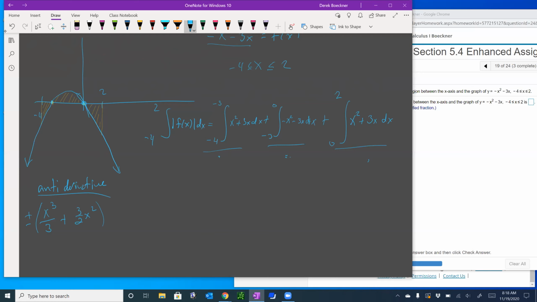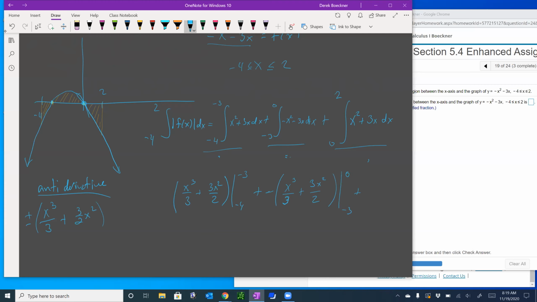Okay, so what we've got is the +1, so x cubed over 3 plus 3x squared over 2, evaluated at -4 and -3. And we're going to add to that the negative of x cubed over 3 plus 3x squared over 2, evaluated at -3 and 0.